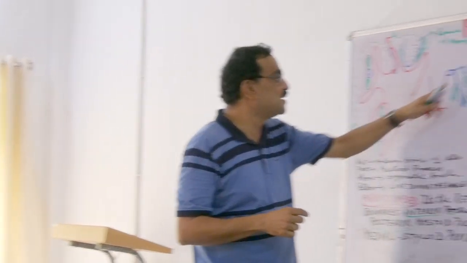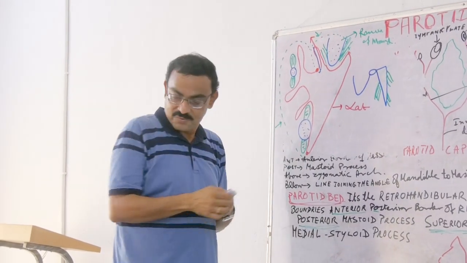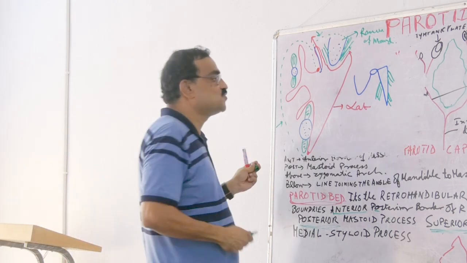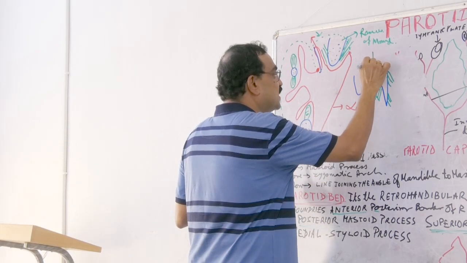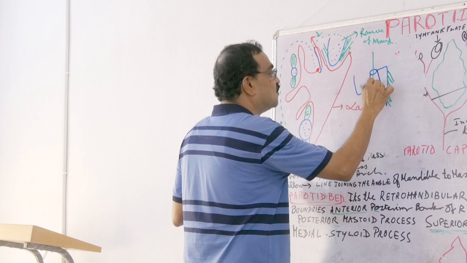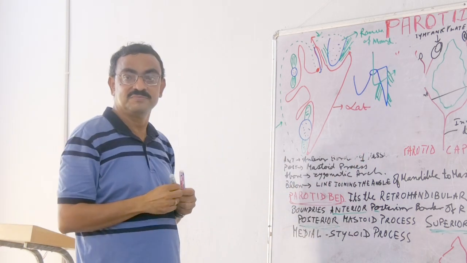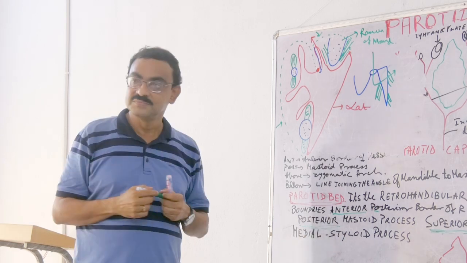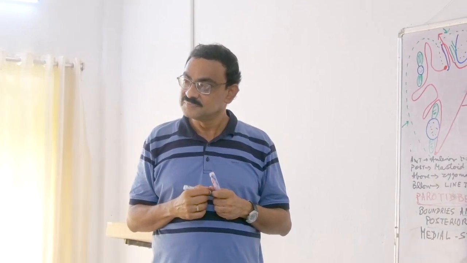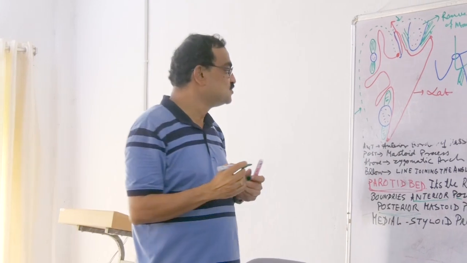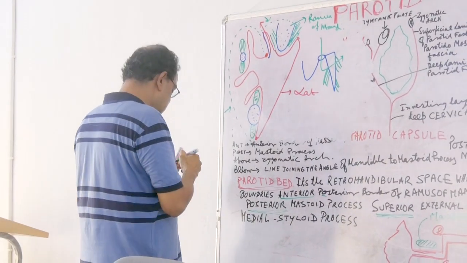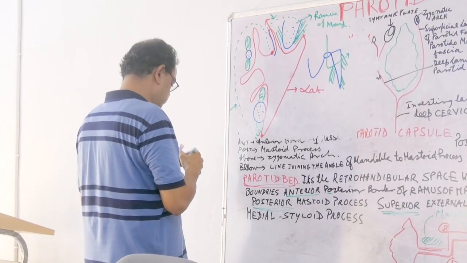This is the stylomastoid foramen. Through the stylomastoid foramen, one nerve is coming down. That is the facial nerve. Clear? So we can see the facial nerve.